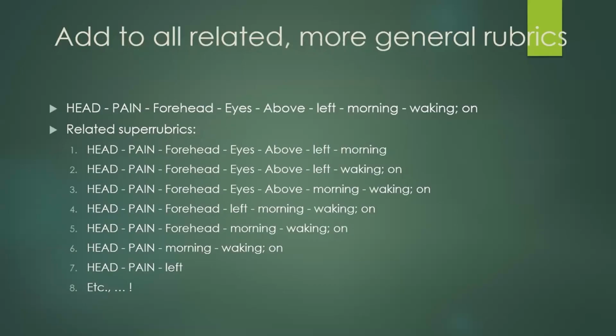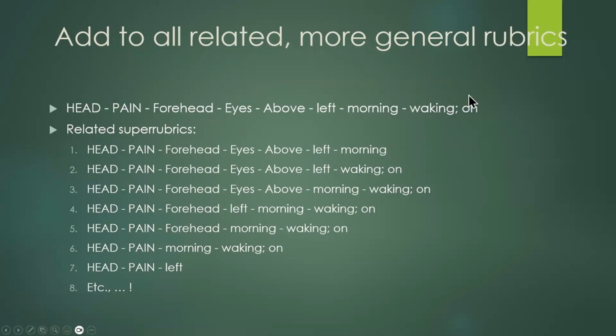What is generalized? Well, let's look at a specific Kantian symptom, pain above the left eye, in the morning on waking. And let's suppose that we have 3 remedies in this rubric, okay? To generalize those 3 remedies would mean that we add them to the related super-rubrics.